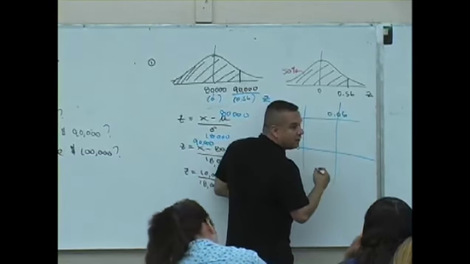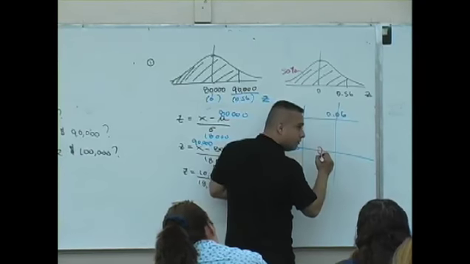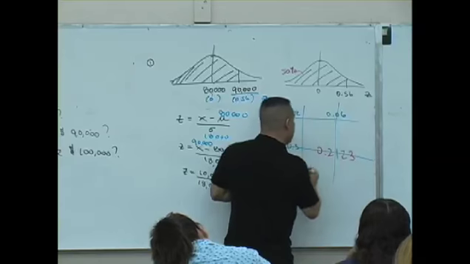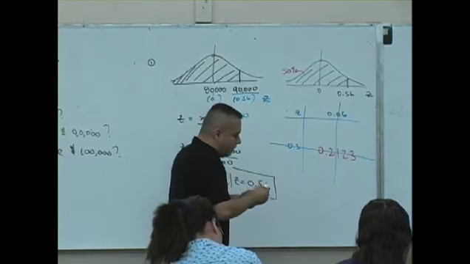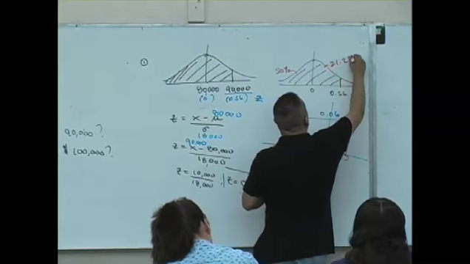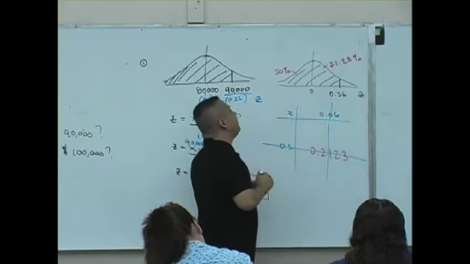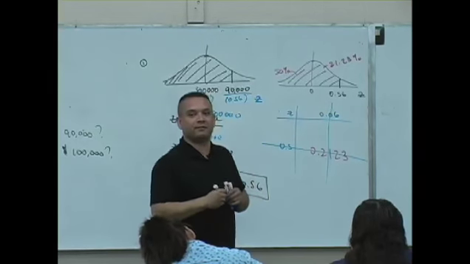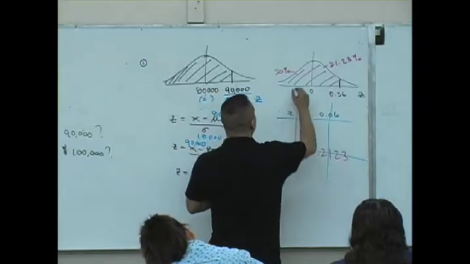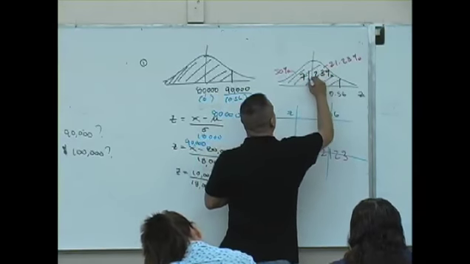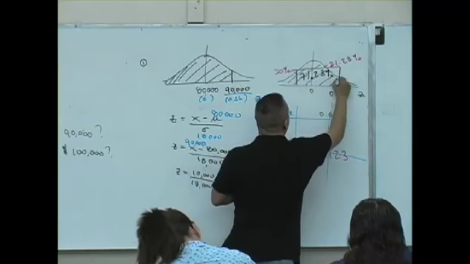What is it? 0.2123. As a percent, 21.23 what? Percent. What is 50 plus 21.23? What is it? 71.23%. You guys okay with that?